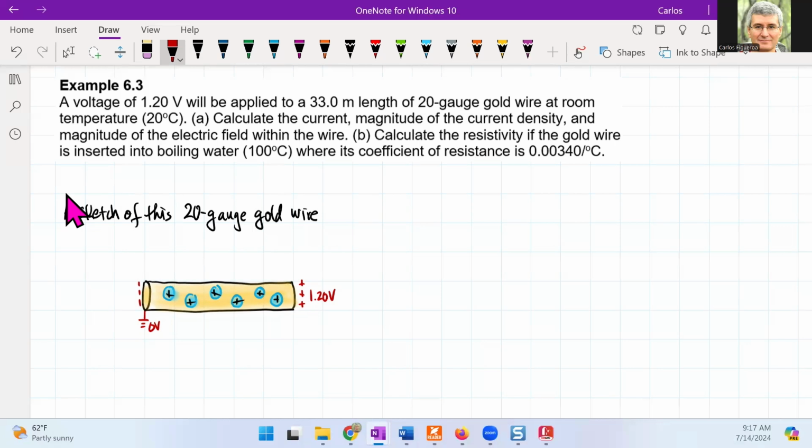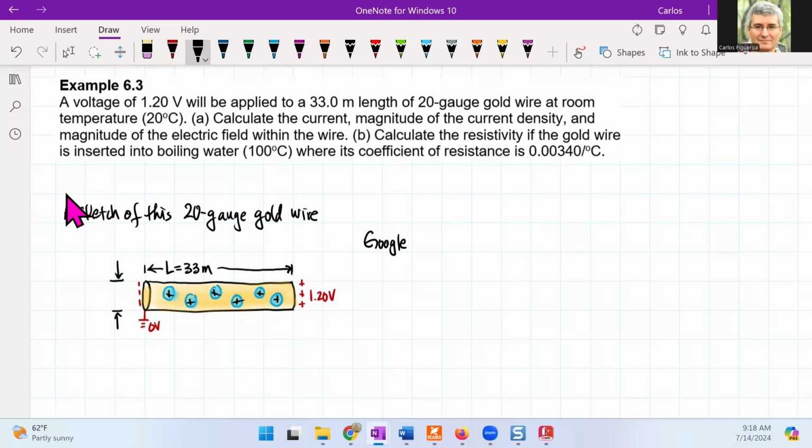So they tell us two things about the wire. They tell us that it has a length of 33 meters, and it has a diameter that we're going to have to look up. So I'm going to have to Google stuff.